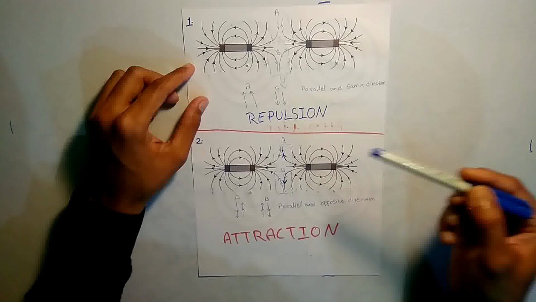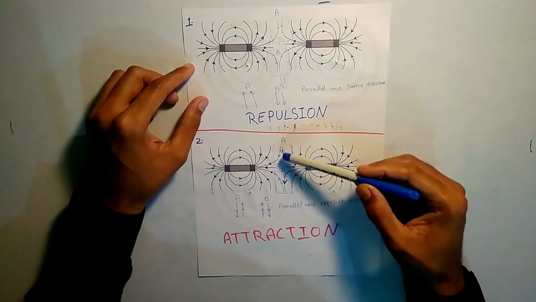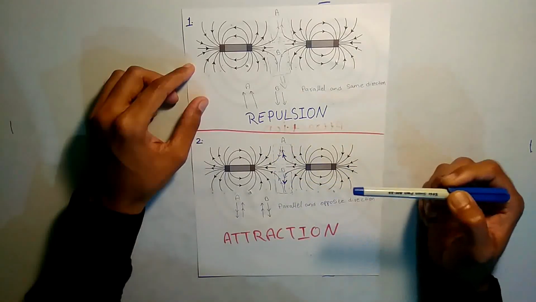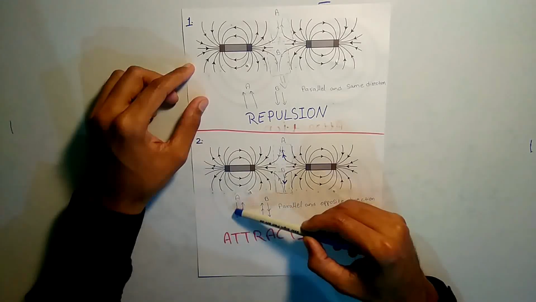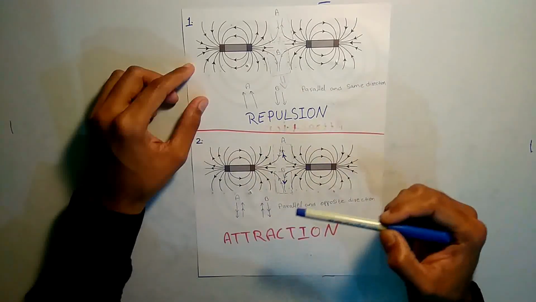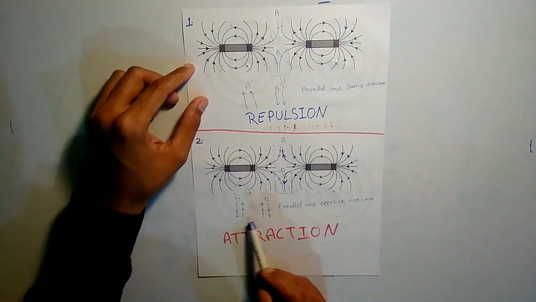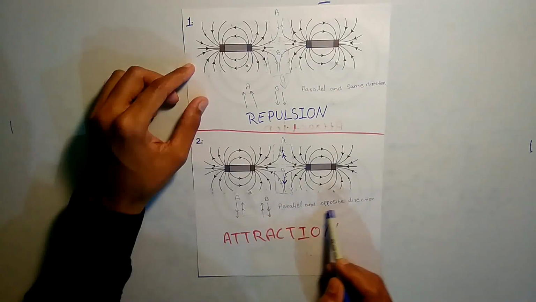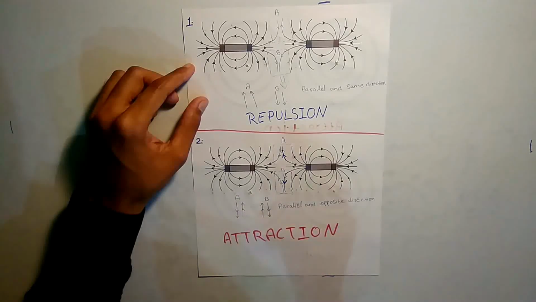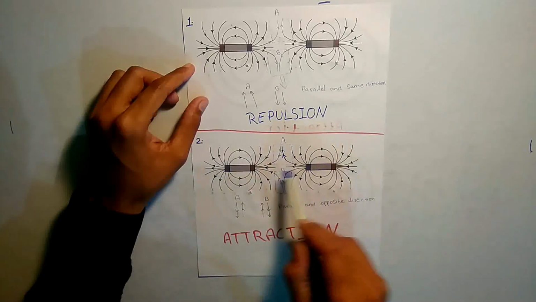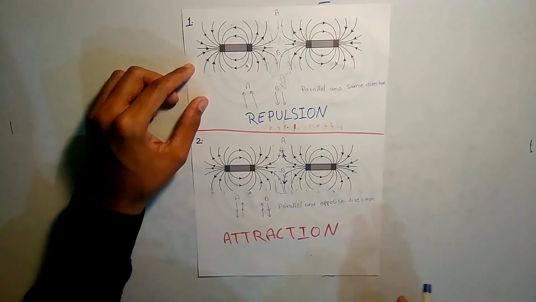If we consider the field lines in the interaction zone, we find that field lines appear to be parallel but pointing in opposite direction. Whenever field lines are parallel and in opposite direction, they attract each other. So these two magnets will attract each other.